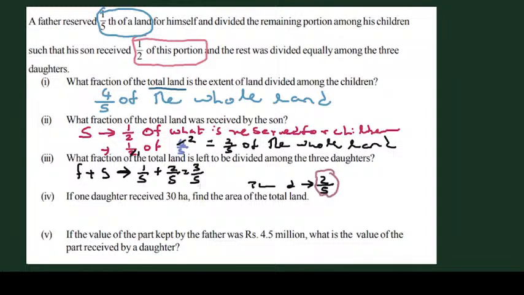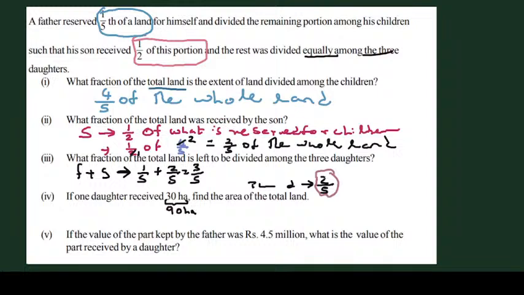So if one daughter is getting 30 hectares, how much will all three daughters get? They have said the land is given equally to the daughters. So if one daughter got 30, all three of them should have got 30 each, which means 90 hectares, all three.